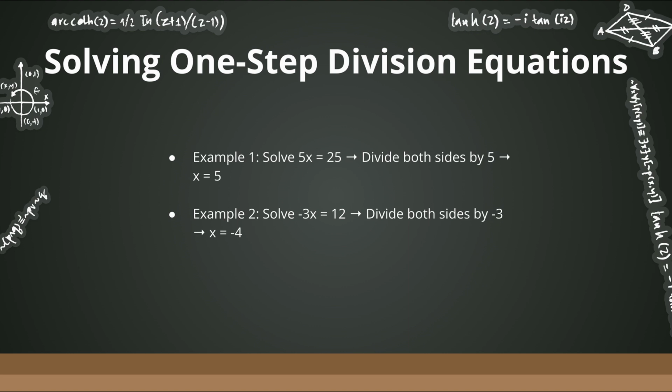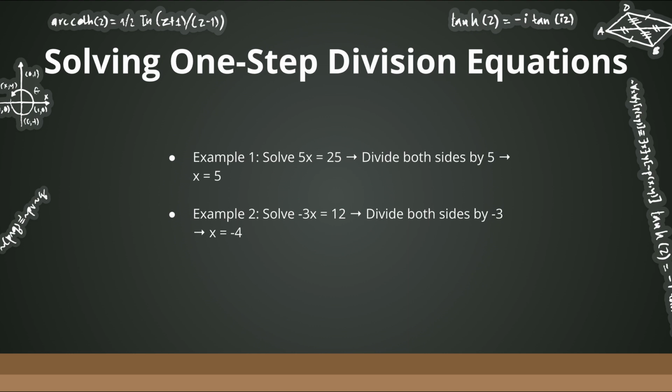Alright, let's check it. Divide both sides by negative 3, which is 12 divided by negative 3, and that gives us x equals negative 4. Hope you get it right. If not, don't worry, just keep practicing.